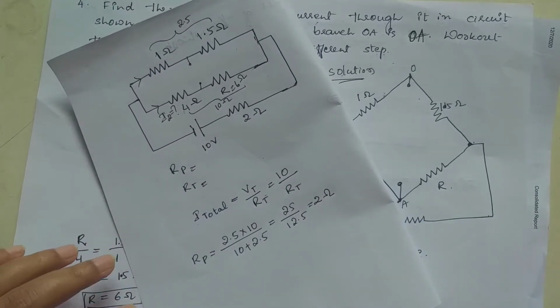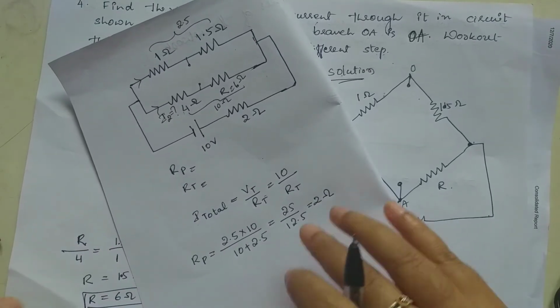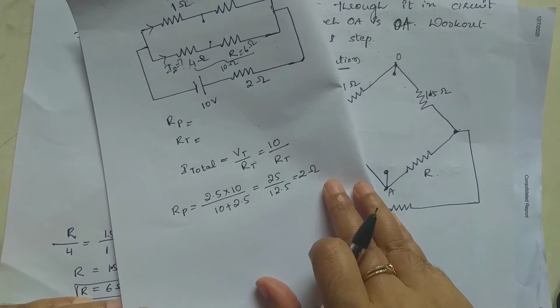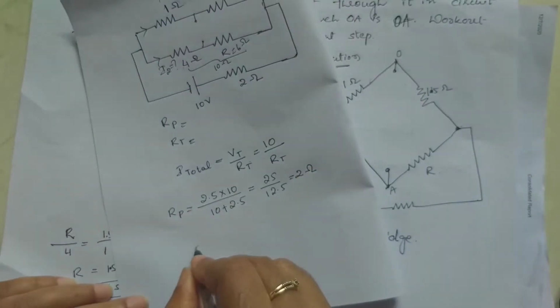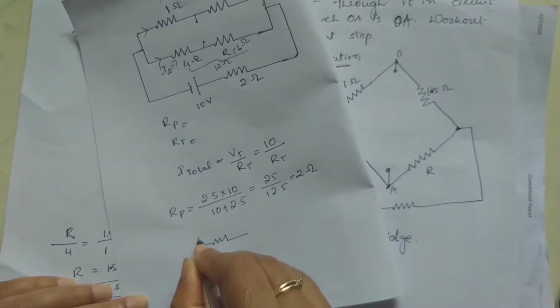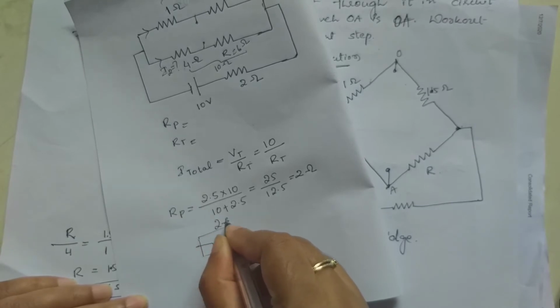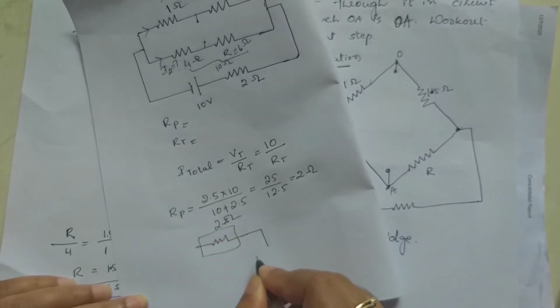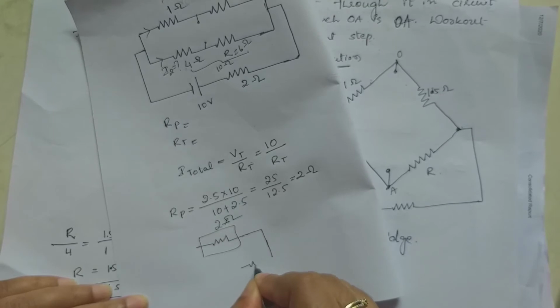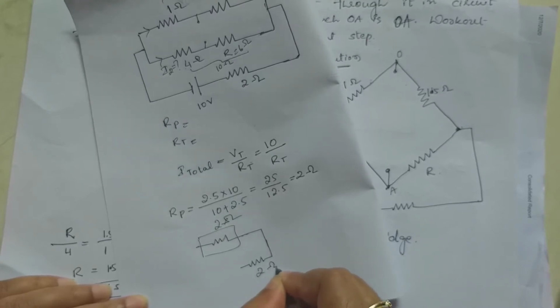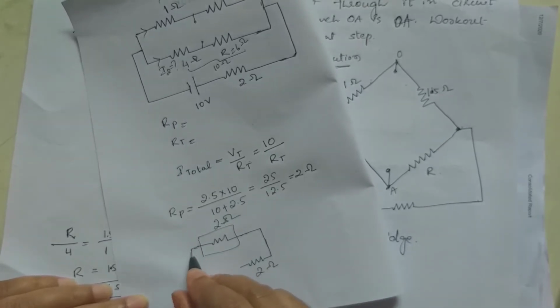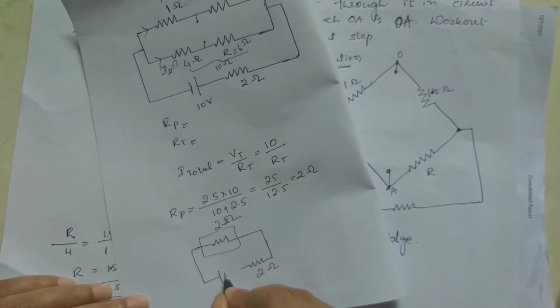Now this 2 ohm, the whole parallel circuit, is in series with another 2 ohm, connected across 10 volt.